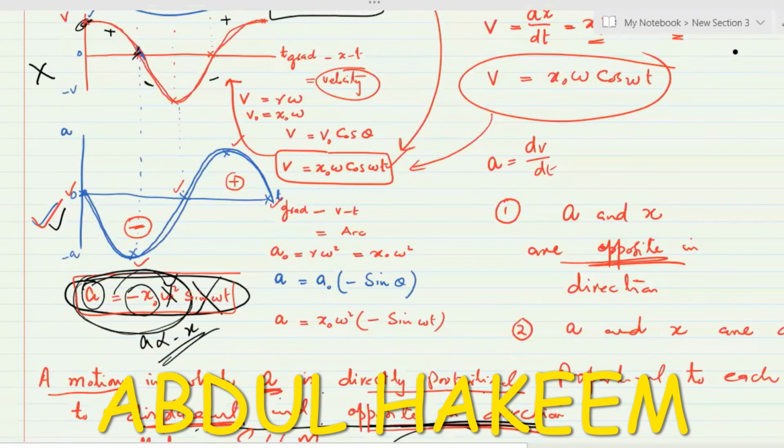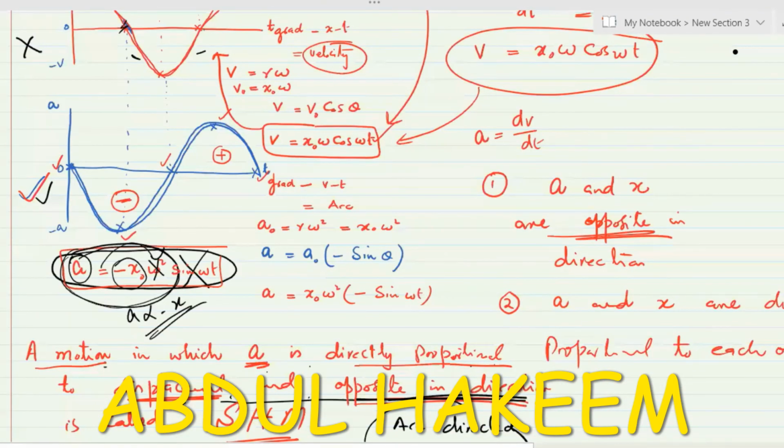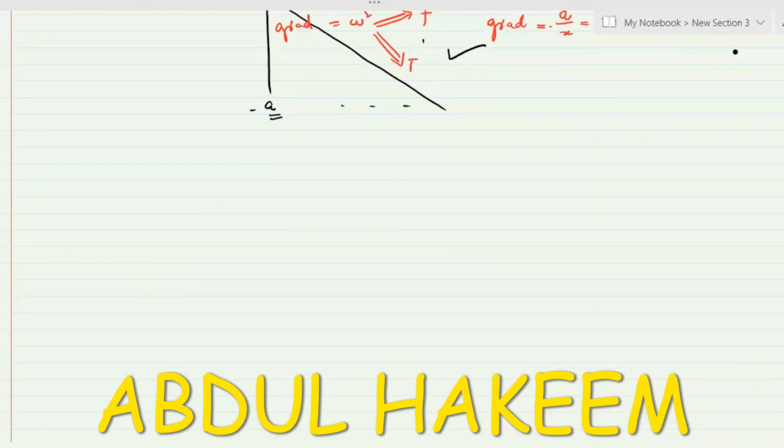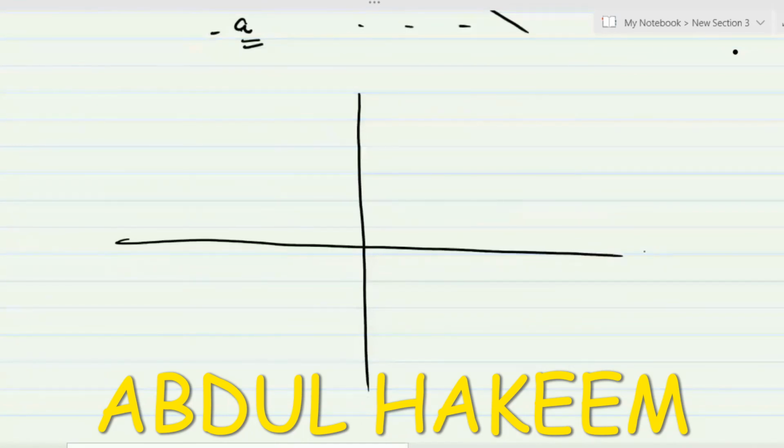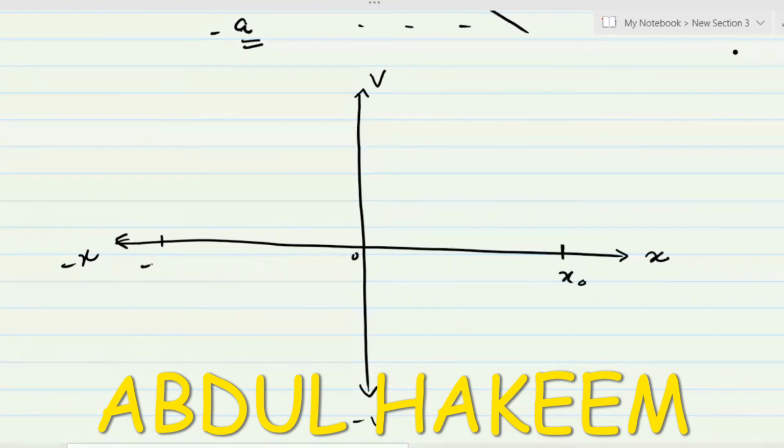So now we have to draw the graph which is between velocity and displacement. This is displacement positive, this is negative displacement, this is the velocity, and this is the negative velocity. Suppose this is the maximum displacement, this is maximum negative displacement, this is maximum velocity, and this is maximum velocity in the opposite direction.